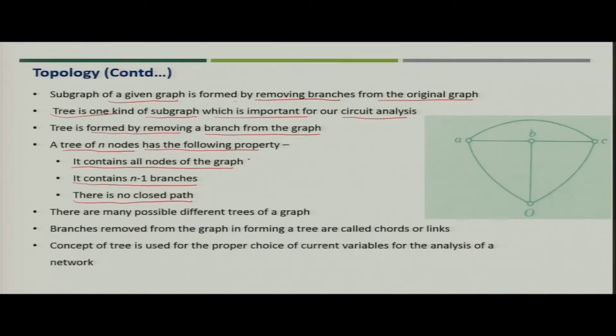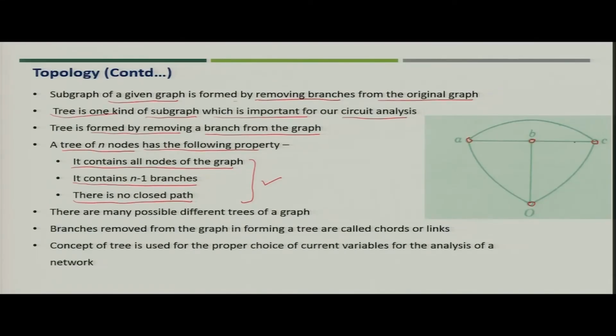So, these are the three major properties of a tree, and let us understand them from this figure. If you are asked to find the tree, first, it will contain all nodes. It means that nodes A, B, C and O should be part of the graph. It will contain n minus 1 branches.